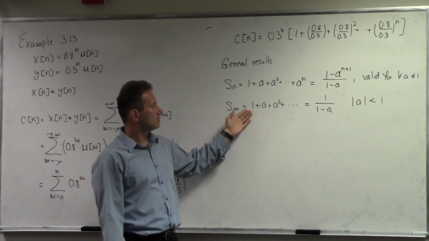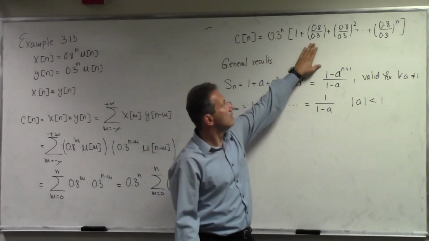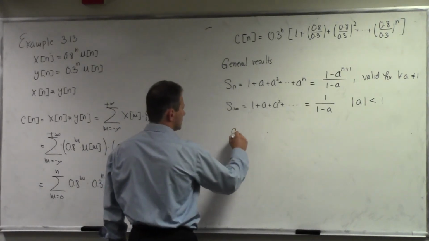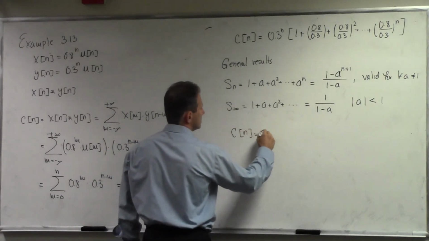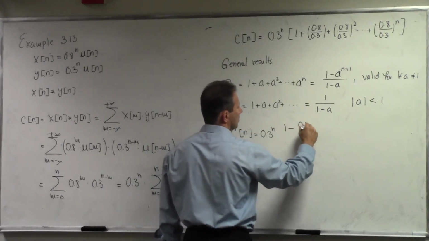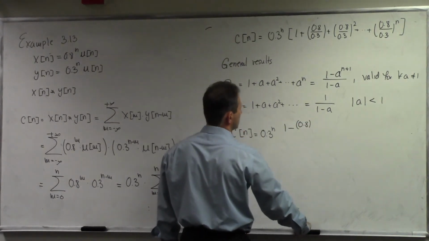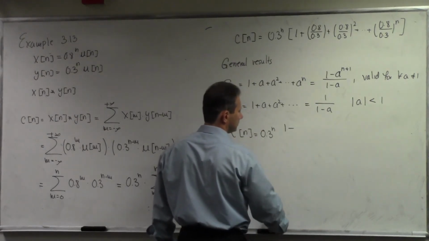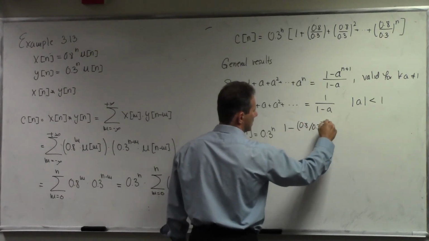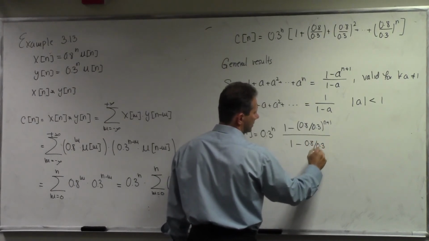So you cannot sum any of these. Here, a is larger than 1, but there's only n of them to sum. So we can do that easily. So c of n becomes 0.3 to the n, and then I have 1 minus 0.8 over 0.3 to the n plus 1, over 1 minus 0.8 over 0.3.